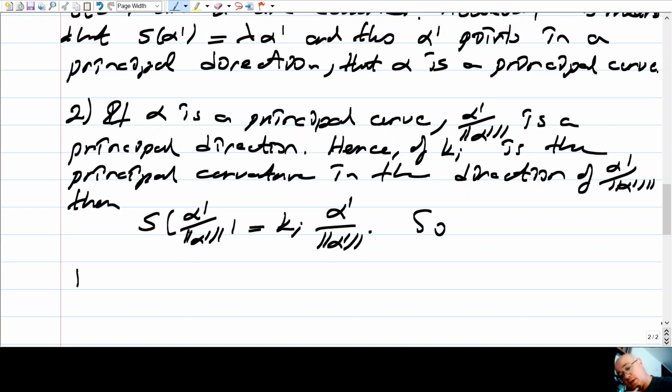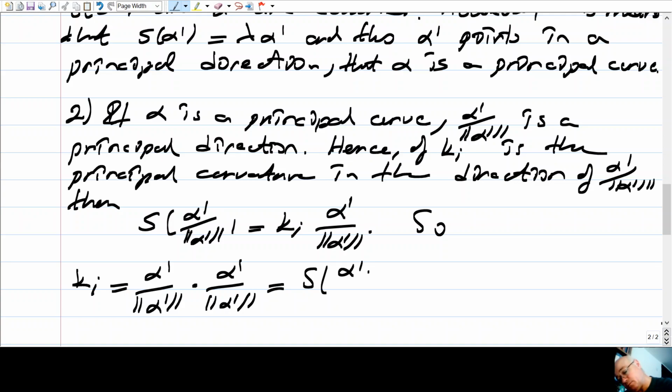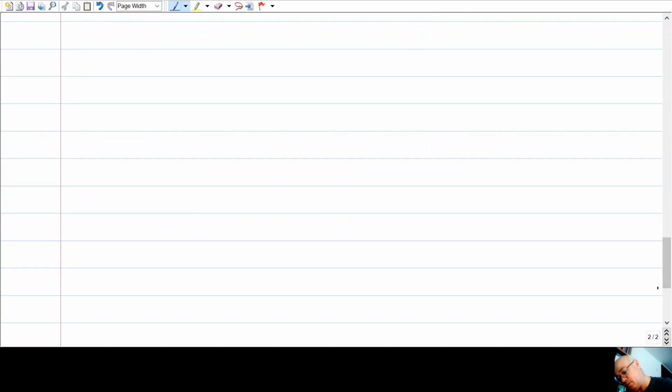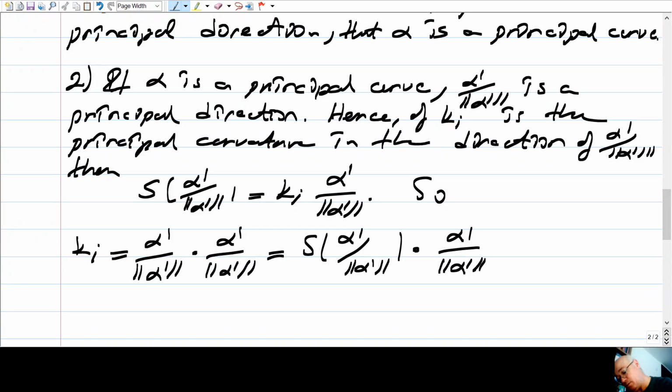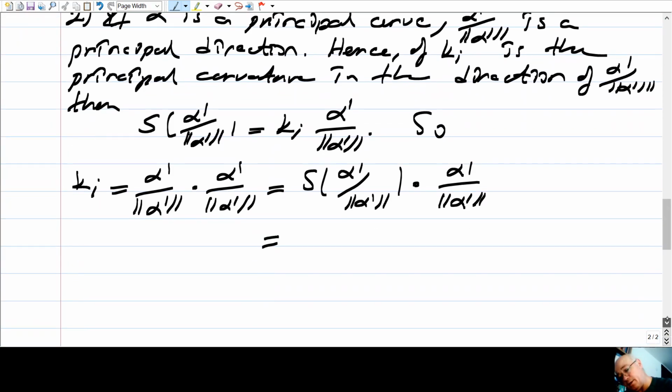So k, which is just S of alpha prime over norm alpha prime dot product with alpha prime over norm alpha prime. But S is a linear operator, therefore this is just S of alpha prime dot product with alpha prime, and the 1 over the norm of alpha prime goes out, so we get the square of this.